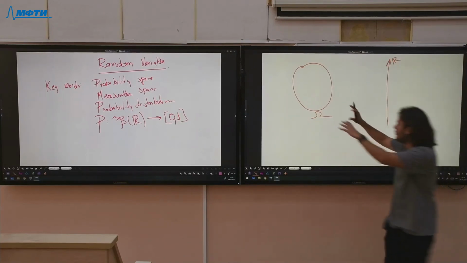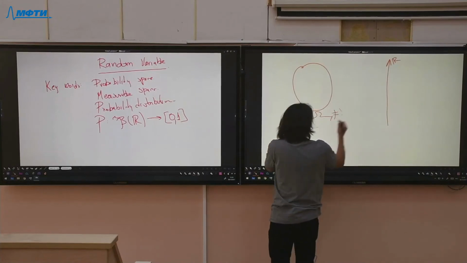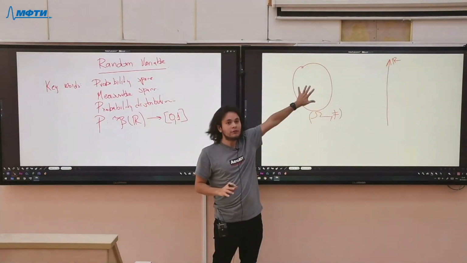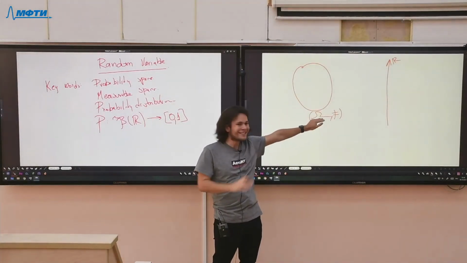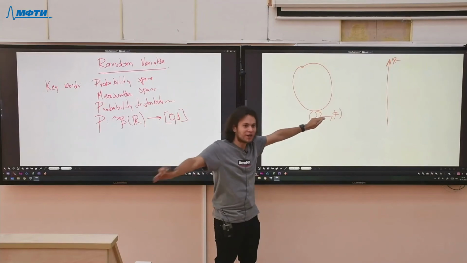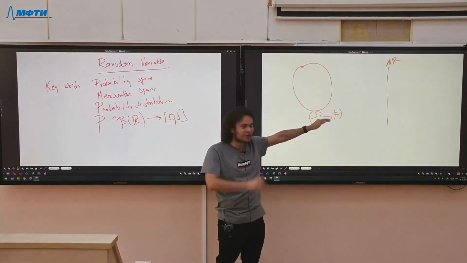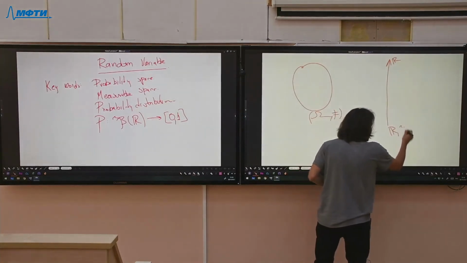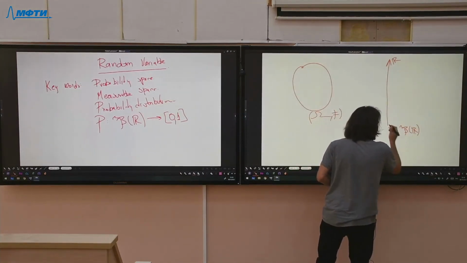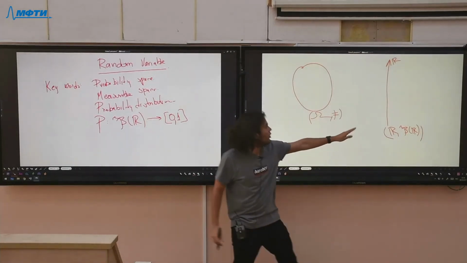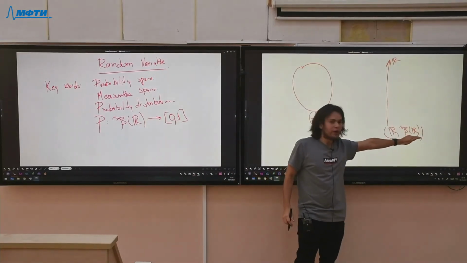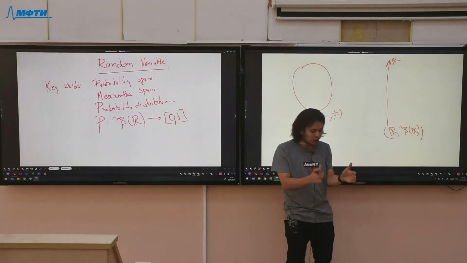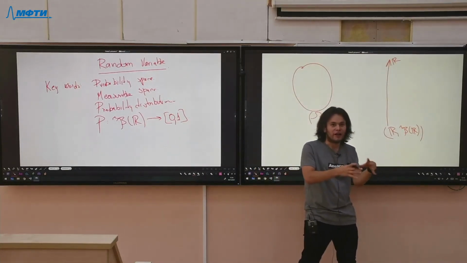So we have two different measurable spaces. Omega is any set: the set of cars, the set of persons, the set of anything you want. And this is another one: the set of the real numbers and the Borel sigma algebra on it, so all the possible open sets, closed intervals and so on.